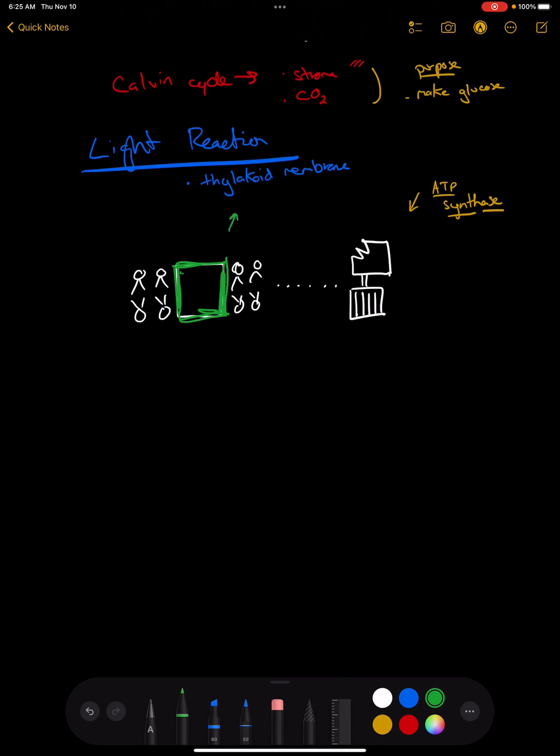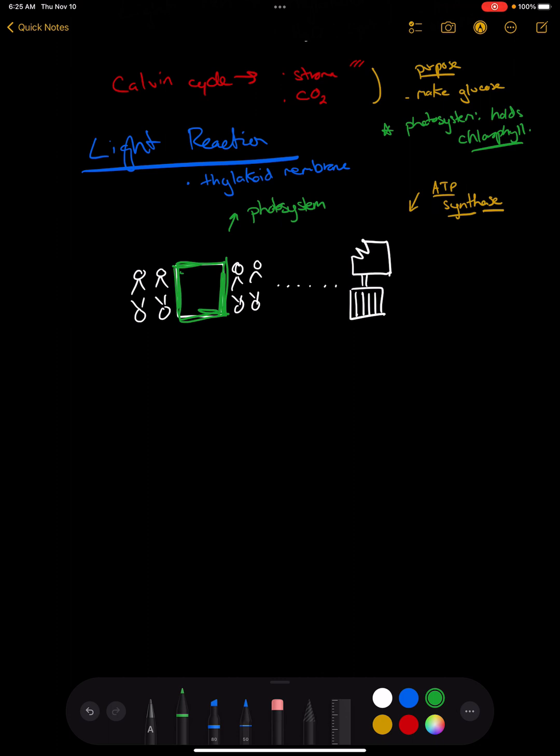His name is a photosystem. Okay, a photosystem. And let's write up here what a photosystem is. A photosystem is a specialized protein that holds my chlorophyll. And remember, chlorophyll is going to absorb light.